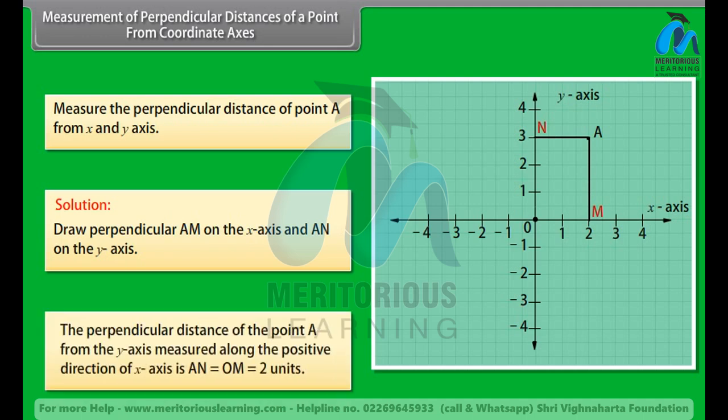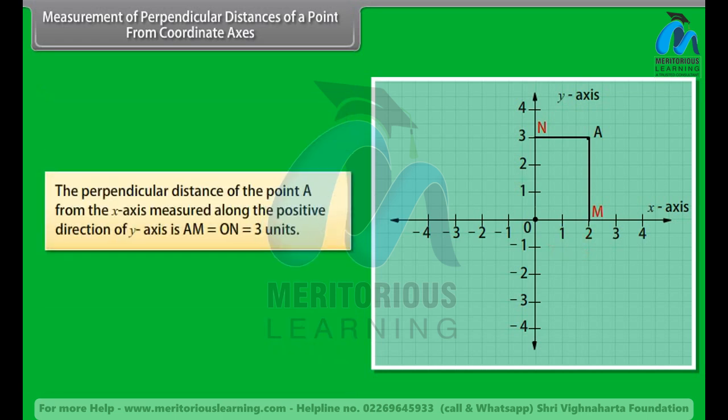We can see that the perpendicular distance of the point A from the y-axis, measured along the positive direction of the x-axis, is AN = OM, which is equal to 2 units. And the perpendicular distance of the point A from the x-axis, measured along the positive direction of the y-axis, is AM = ON, which is equal to 3 units.